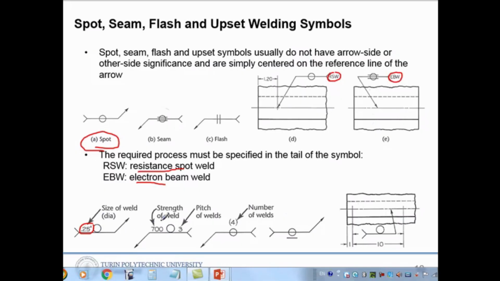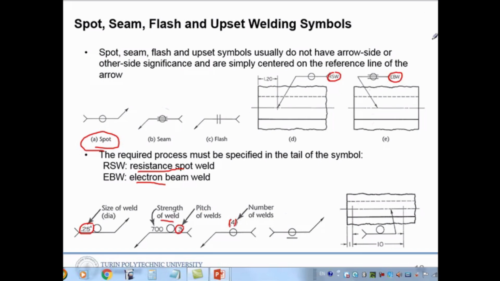And the strength of welding, in Newtons, and the pitch of welds. If you have 3 welds, the distance between the weld spots is 3 inches, so you have to write it here. And the number of welds can be shown with a bracket this way.